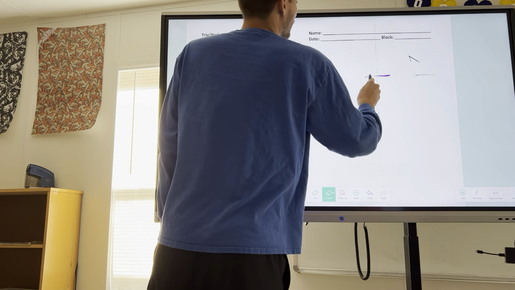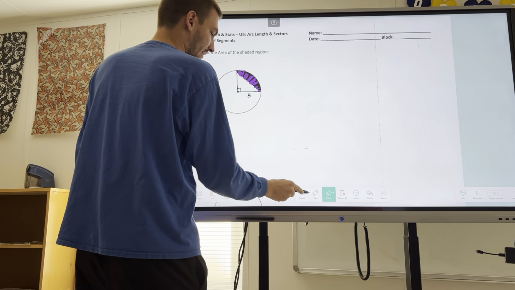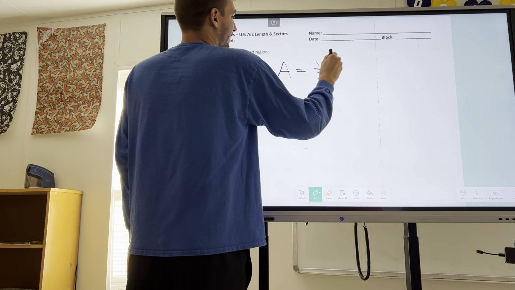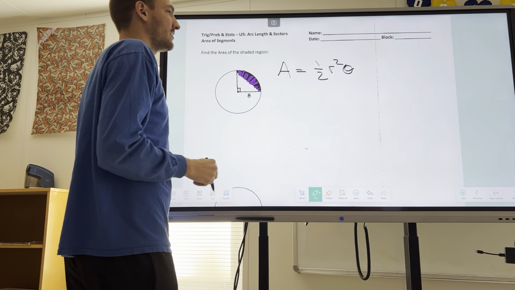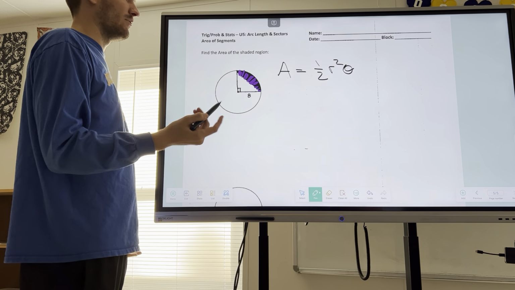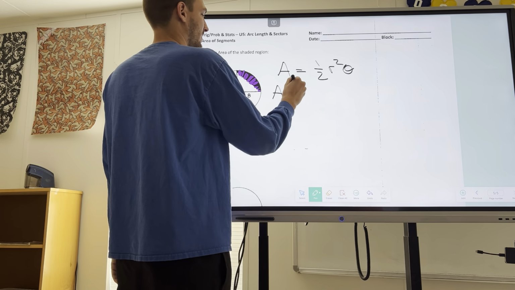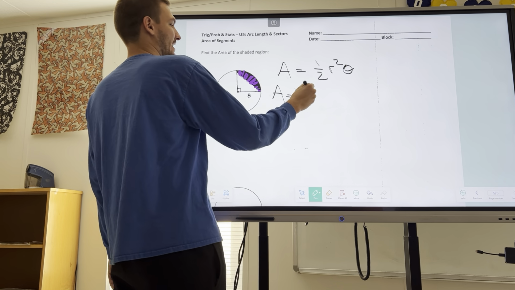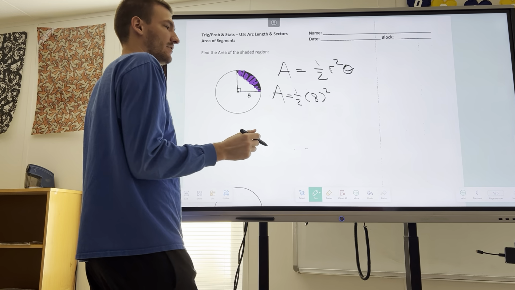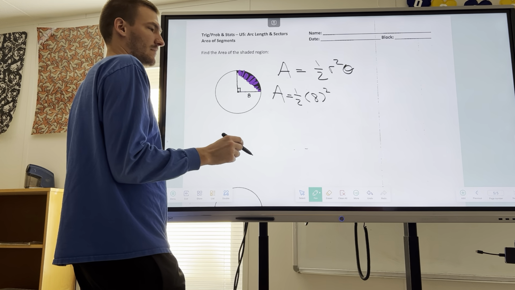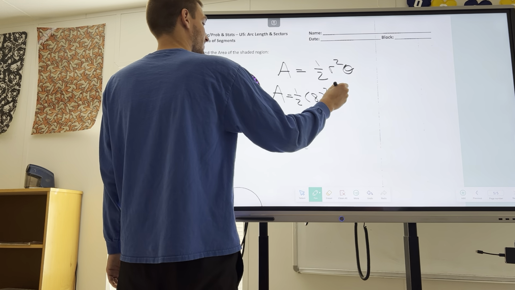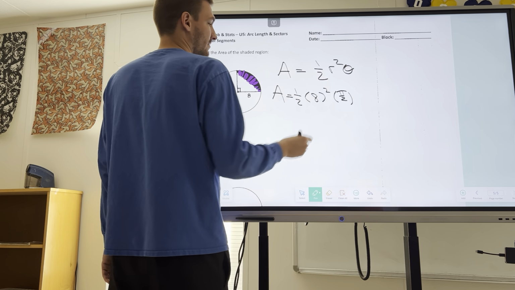Well, what we did yesterday was our area of a sector, area equals 1/2 r squared theta. What is the r for this question? 8. And what is the theta for this question? 90, but we have to use radians? Pi halves.